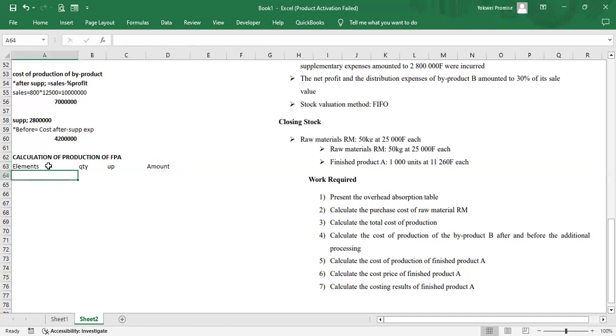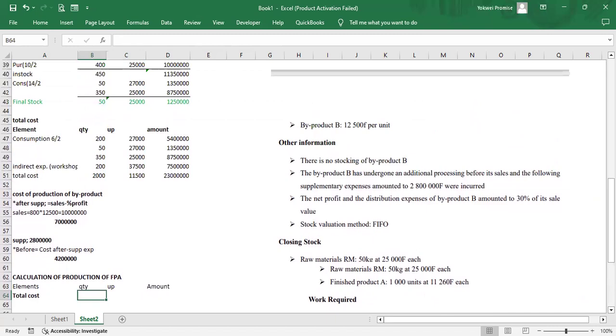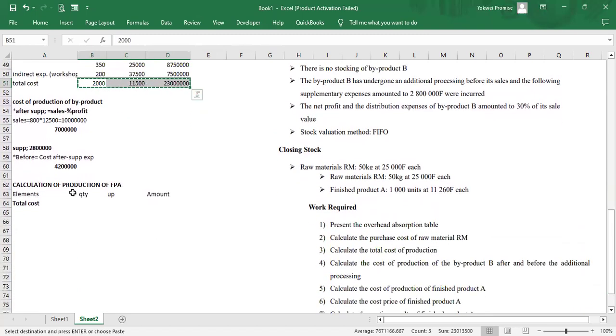So the first element that we are going to have here, since we already determined the total cost, we just carry the total cost and bring it here. We calculated that already. Let me just copy and paste it down here, instead of typing.